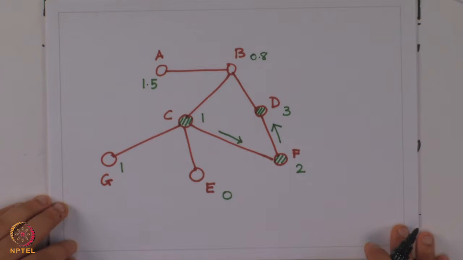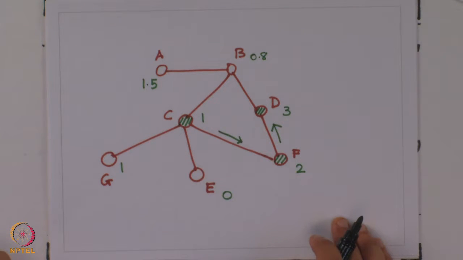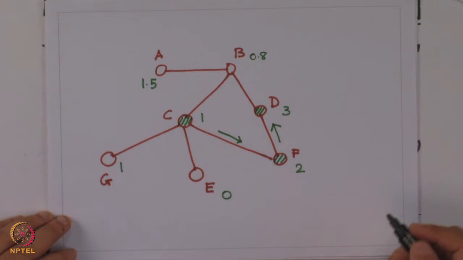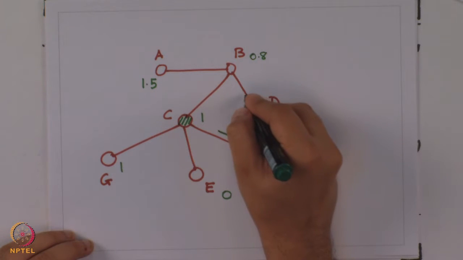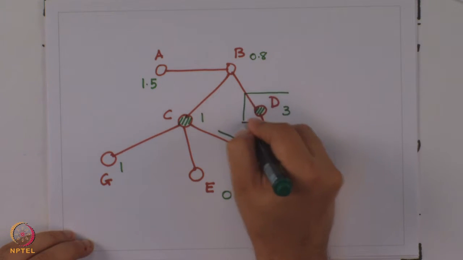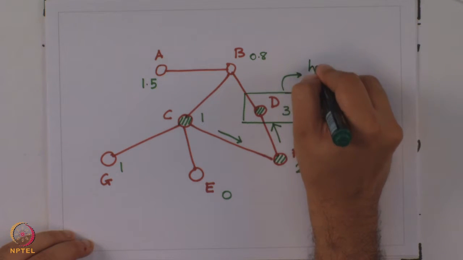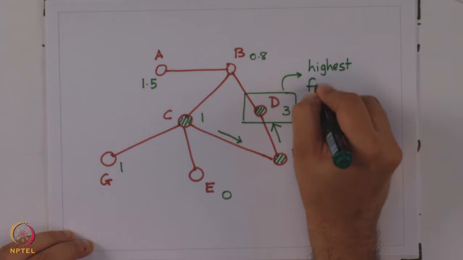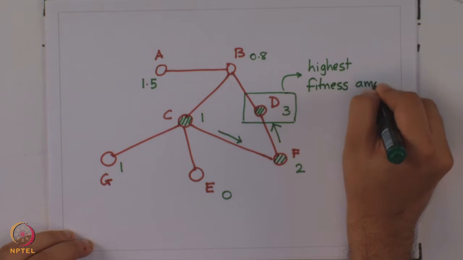So from C, this is the direction the population will move towards, and eventually it ends up at node D. We can see that this ensures that the population ends up at the node which has the highest fitness among all nodes.